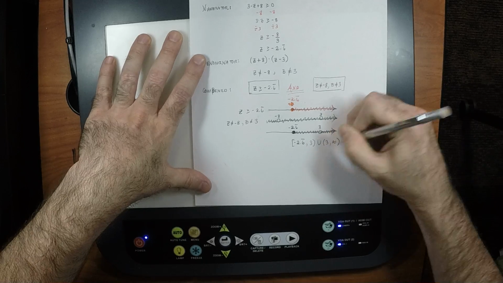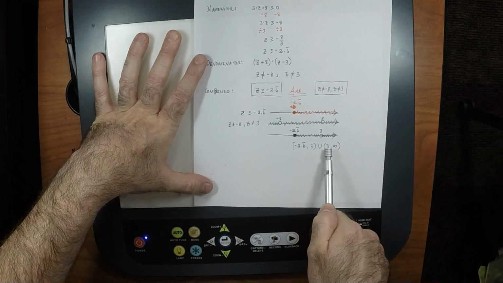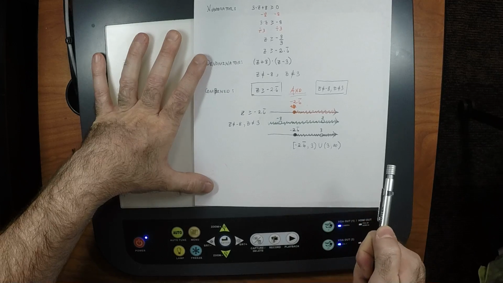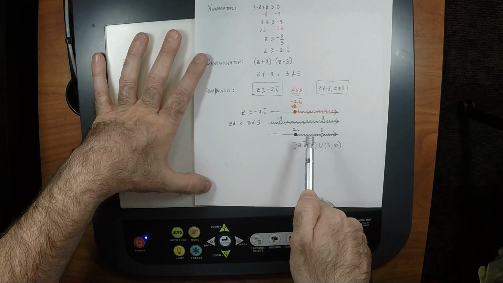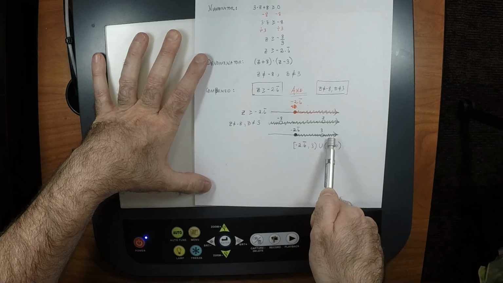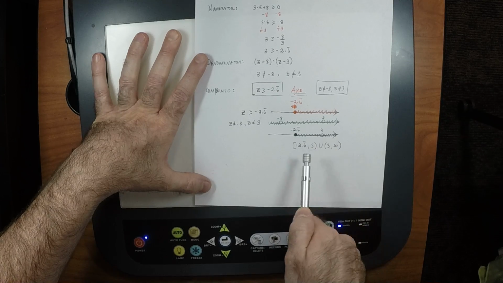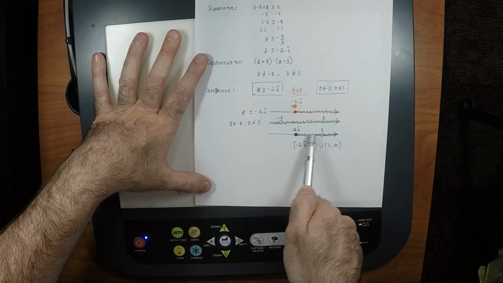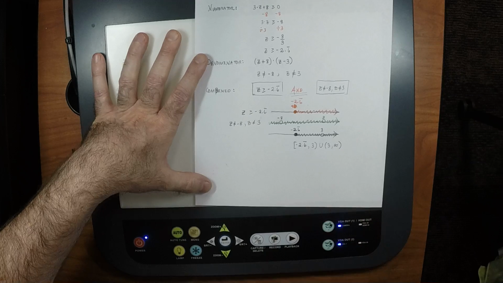Very good. So now, can this union be simplified? Why not? Right, because it's that piece or that piece, and there's no overlap. And so the interval notation reflects that. A piece there, a piece there.